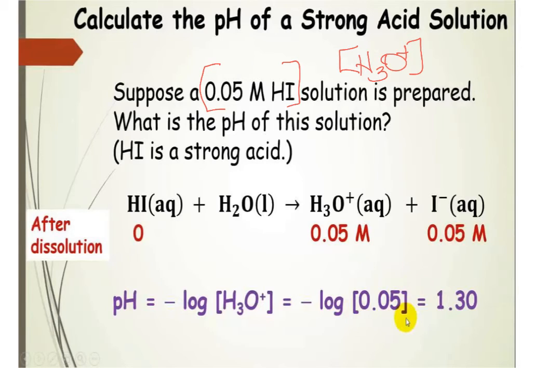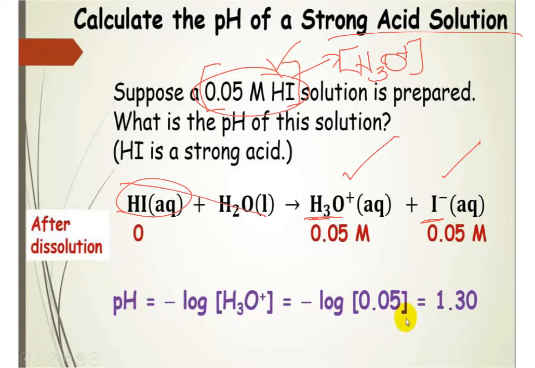And so you have got to be able to figure out what is the concentration of hydronium ion that this particular acid will create. It's easy for a strong acid or strong base because 100% of it ionizes, or dissociates, to form the hydronium ion and the conjugate base.